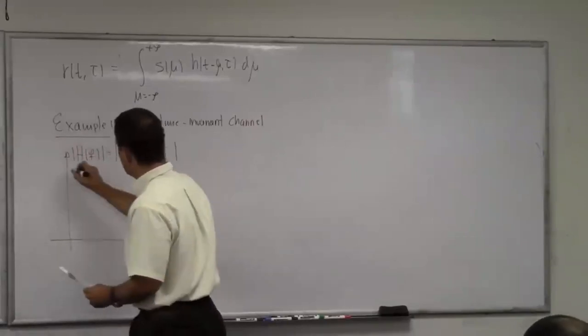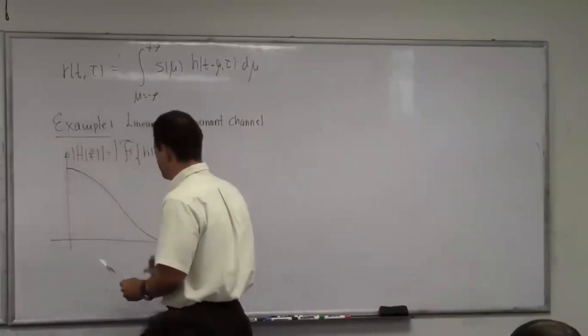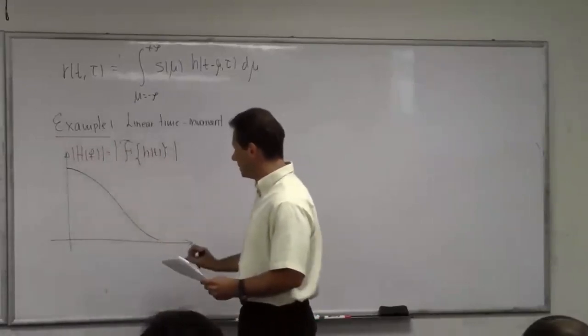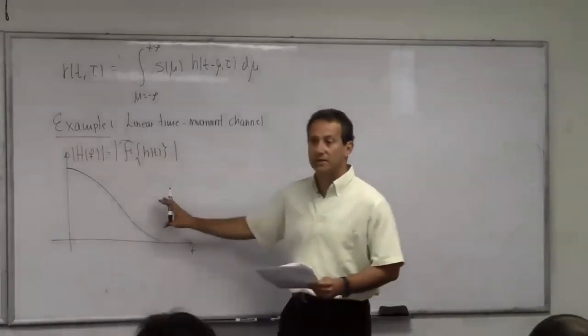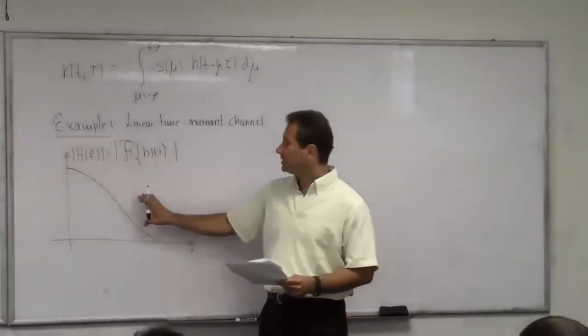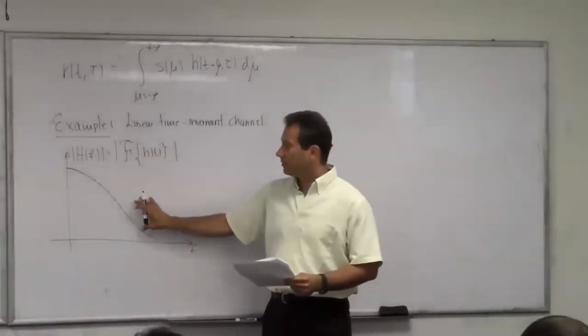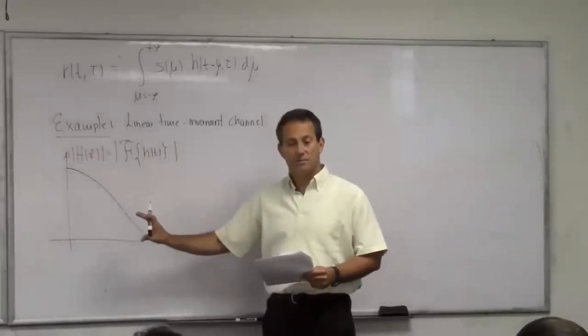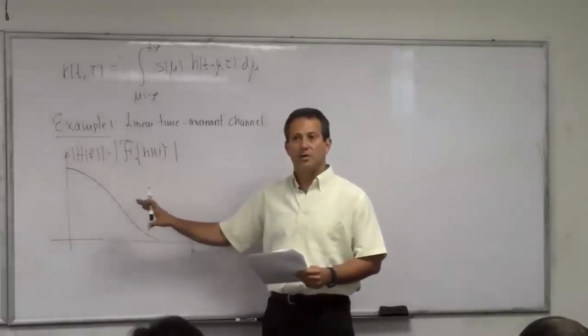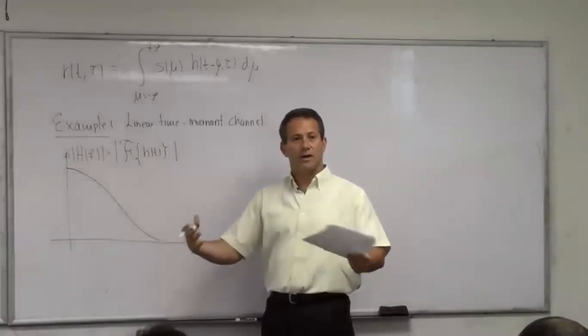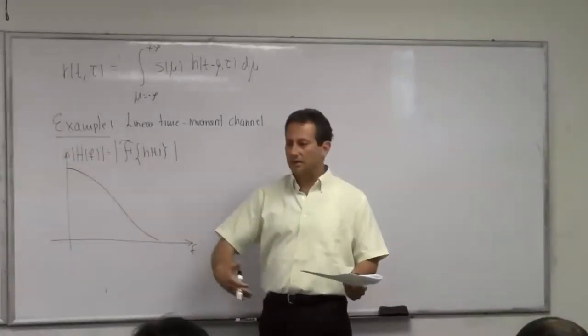And that looks somewhat like this. This is your typical low-pass filtering channel. This mathematical model describes with pretty good accuracy all of your electrical wire line channels. If you look at twisted pair, it has transfer characteristics somewhat like this. If you look at the coaxial cable, the same.